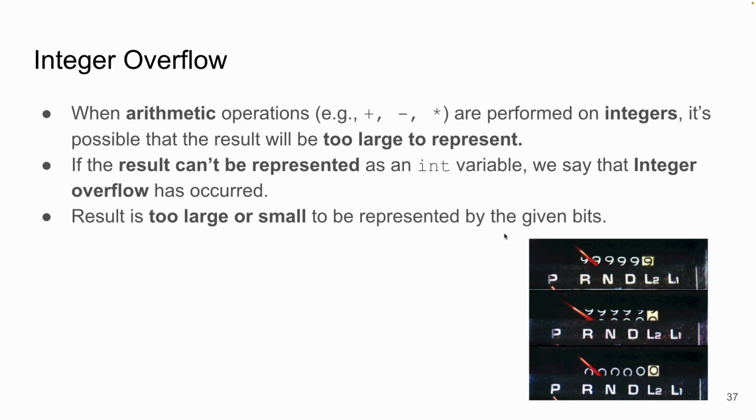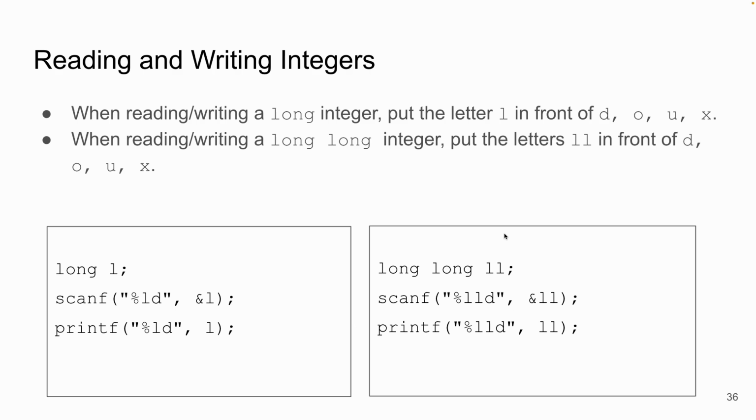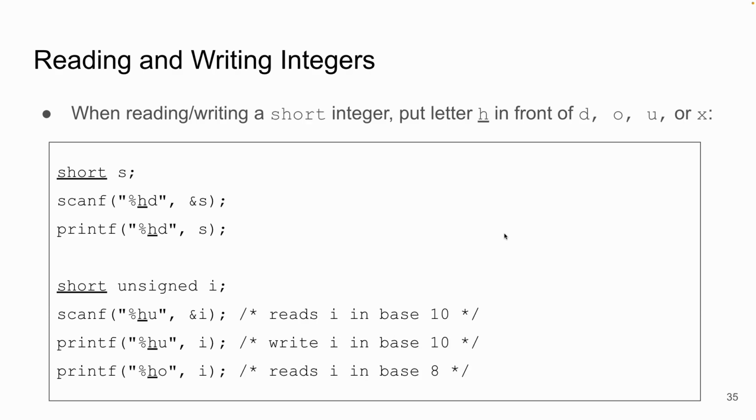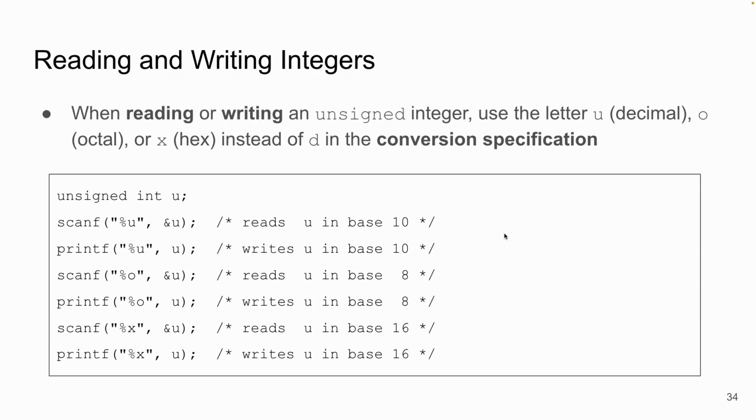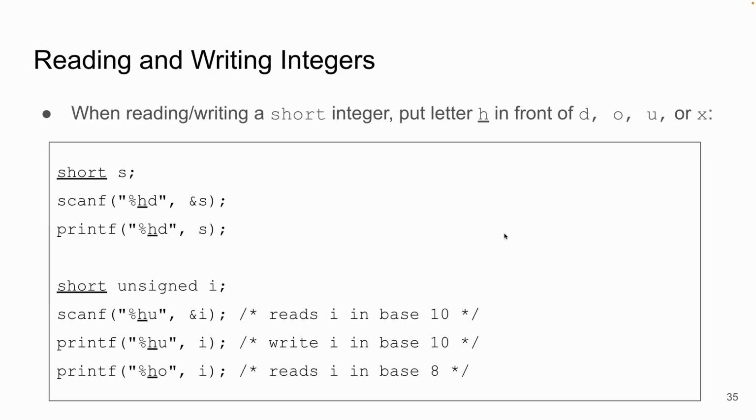Okay. So that is all for the different types of integer variables, different types of integer constants, and how we can use scanf and printf to read and write those integers with the different types.